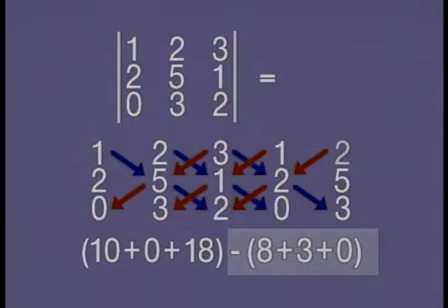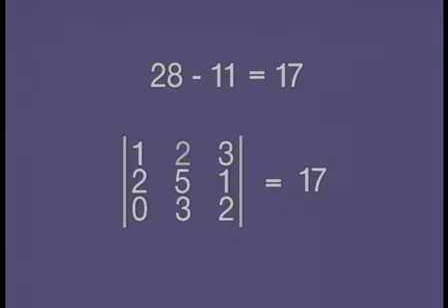And we add those together. And in the next visual, we see the results. We take the sum of 10 plus 0 plus 18, which is 28, the sum of 8 plus 3 plus 0, which is 11, and we subtract. And we can see in this visual that the determinant for this particular matrix is equal to 17.